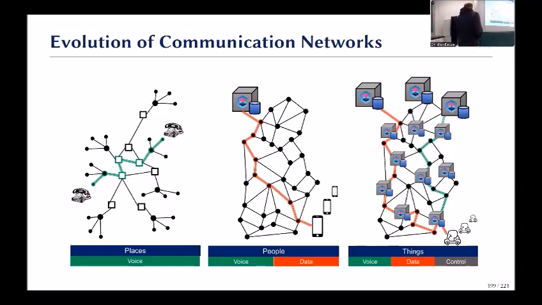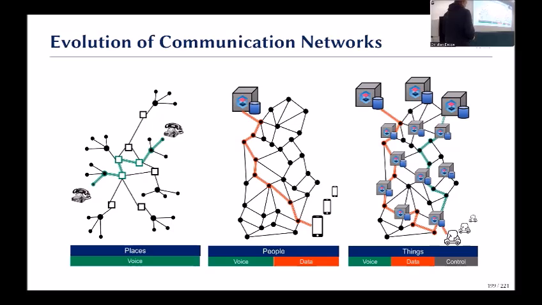Here you see the first network with a telephone. In our telephone network, the goal was just that two parties want to communicate with each other. Then this network was extended by the internet.